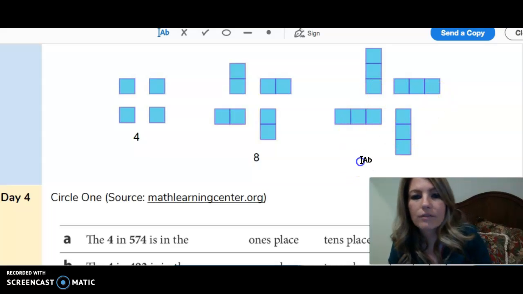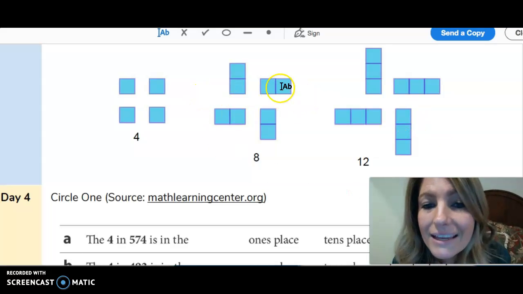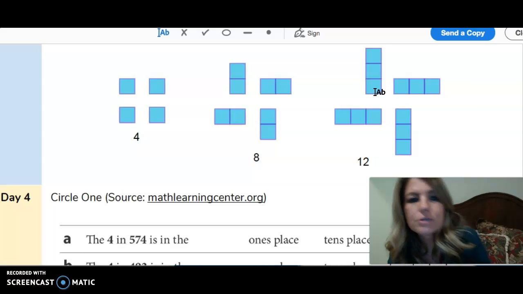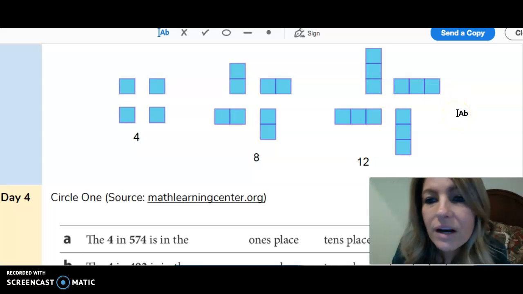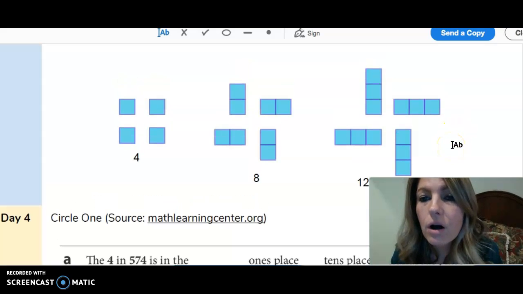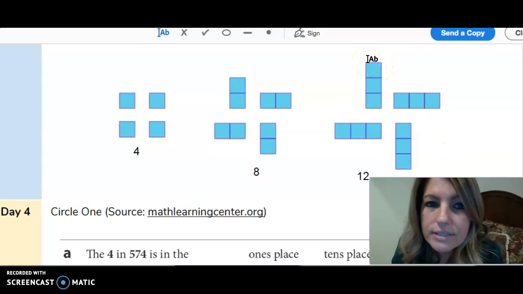I'd have 12 cubes. Okay, you see how the cubes are getting bigger every time, and they're adding 1 more onto the pattern. So here is your job. Somewhere on your paper, you need to show me what it would look like if this pattern kept on going. Okay, we know that they add 1 more square every single time.